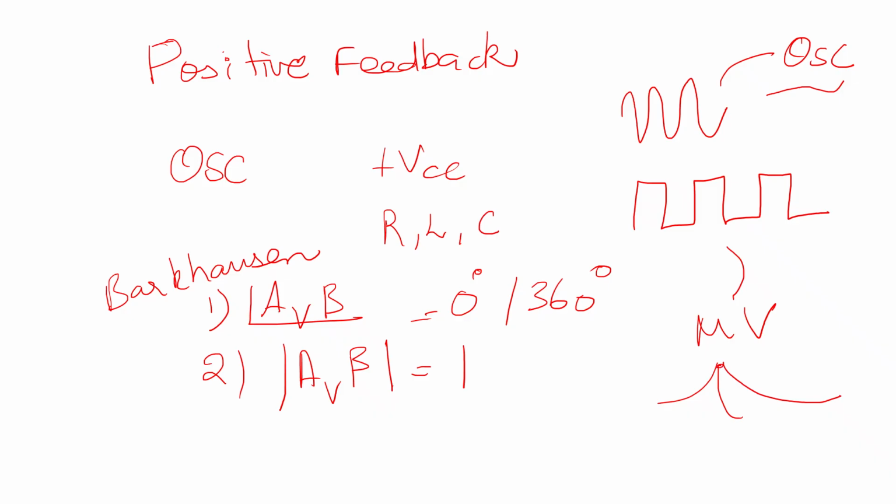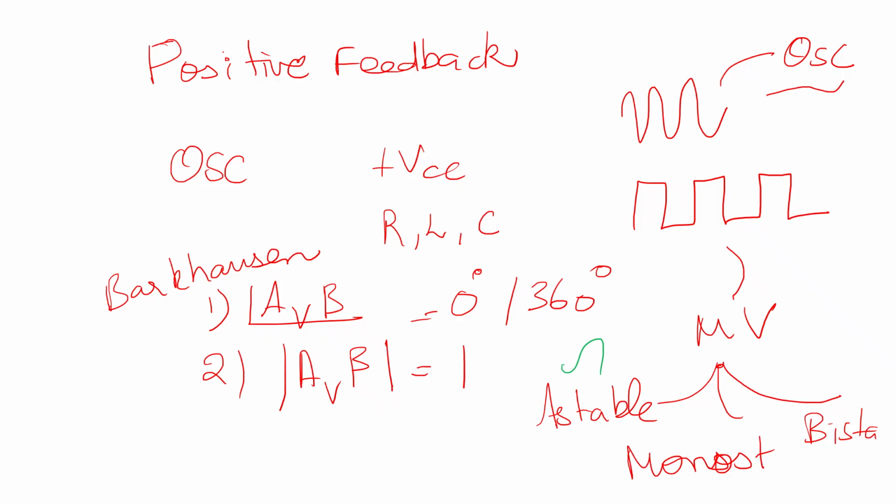These multivibrators operate in different states. Based on the states of operation, they are classified as astable multivibrator, monostable multivibrator, and bistable multivibrator. An astable multivibrator is one in which there are no stable states.